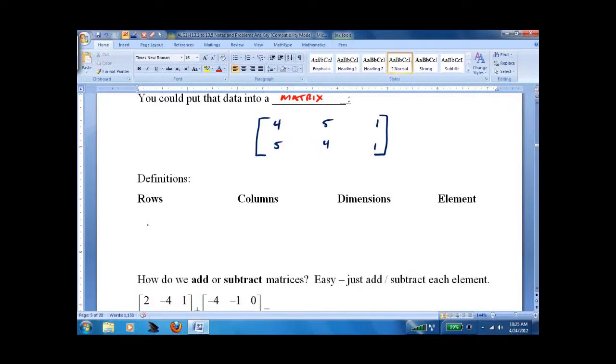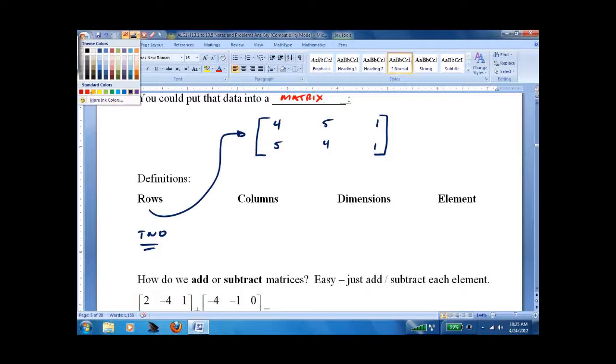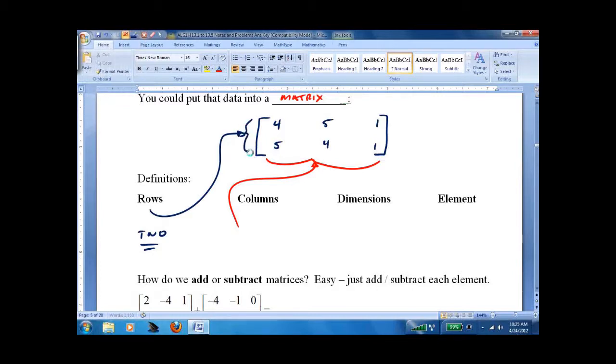So the definitions are rows. There's 2 of them. And the columns, in this case, there are 3 of them.